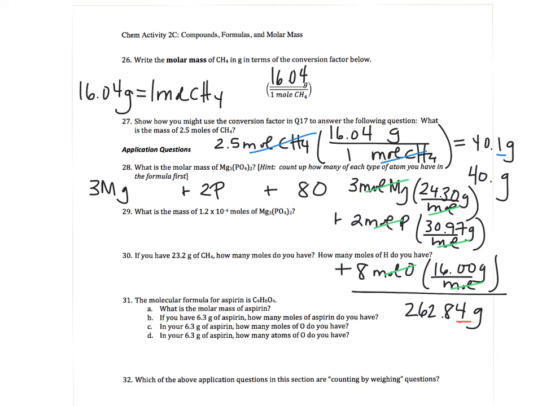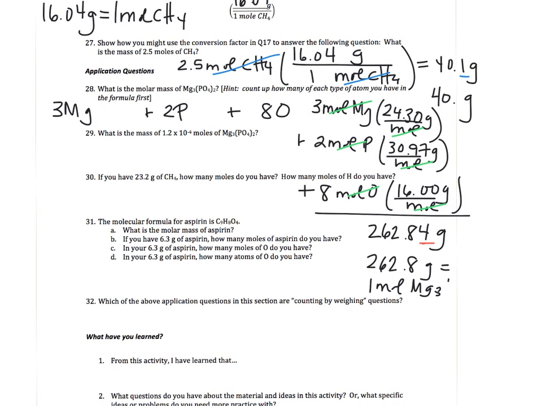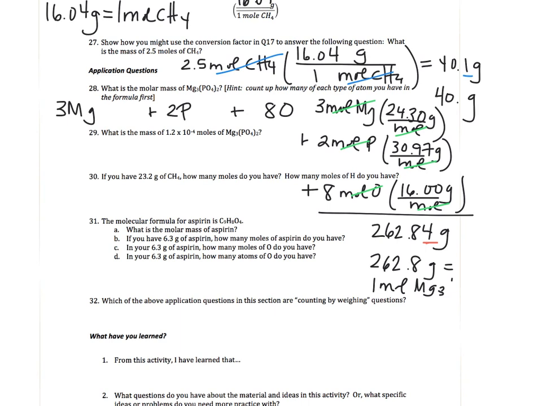So this would end up rounding to 262.8 grams. And that's for 1 mole of what's called magnesium phosphate. So that's its molar mass.